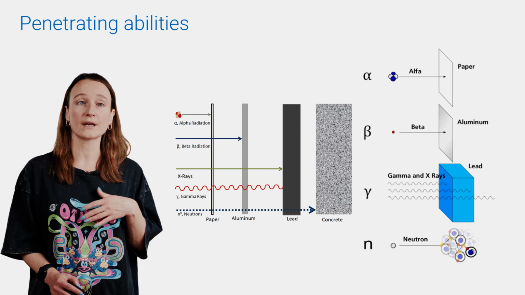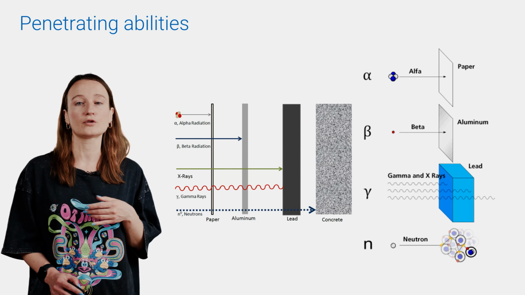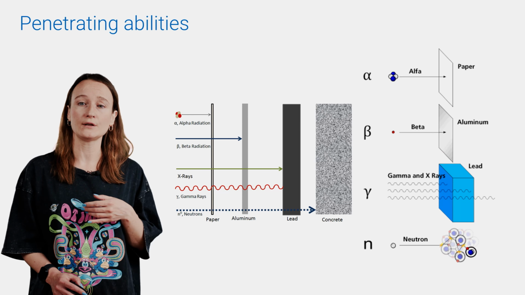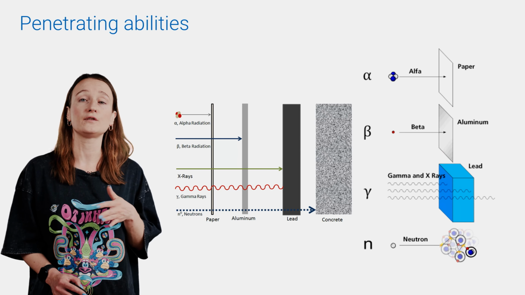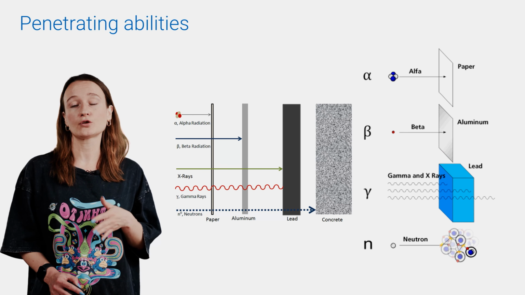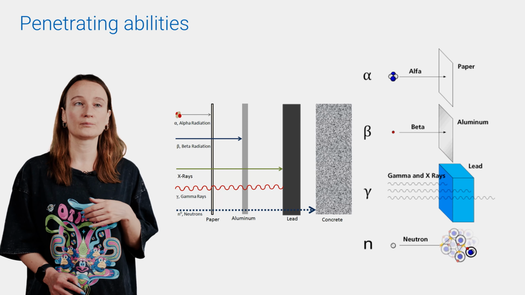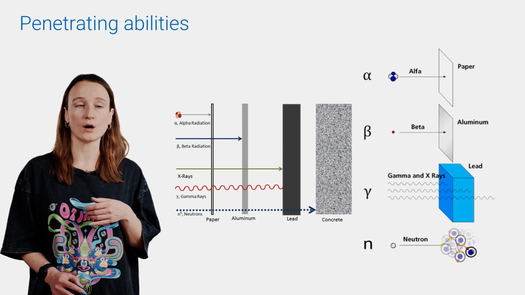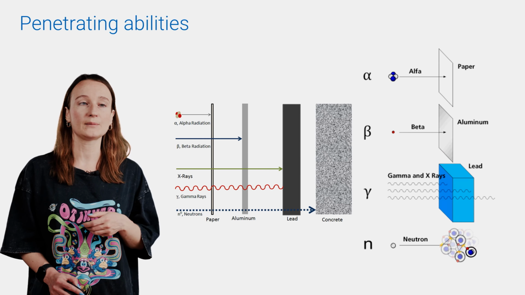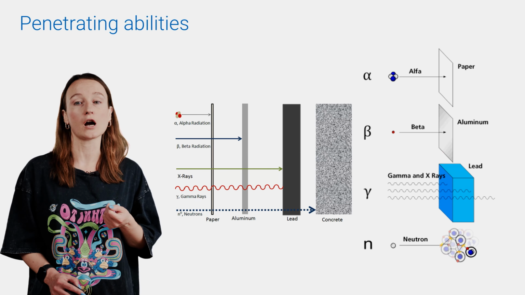Penetration is low, can be stopped by a sheet of paper or human skin. Beta particles cannot penetrate into the human body more than a few millimeters. Penetration is medium, can be stopped with an aluminum sheet. The penetrating power of gamma radiation, which propagates at the speed of light, is very high.